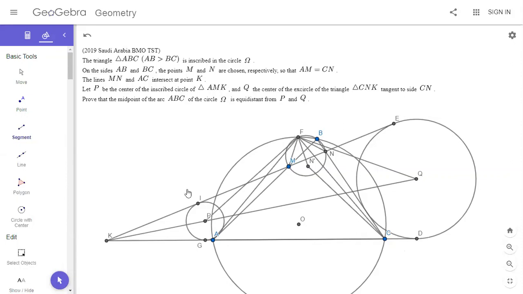Am I missing something? Oh, wait a sec. No. Is it?